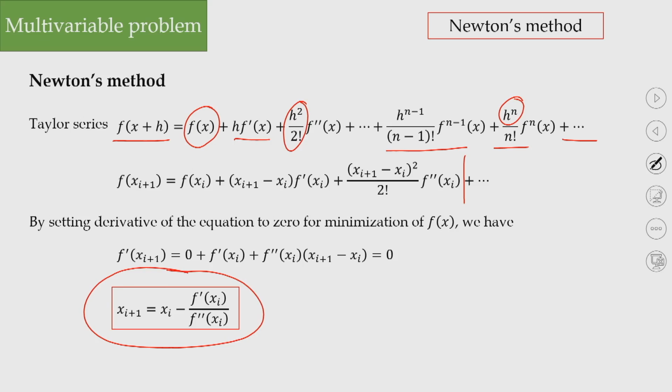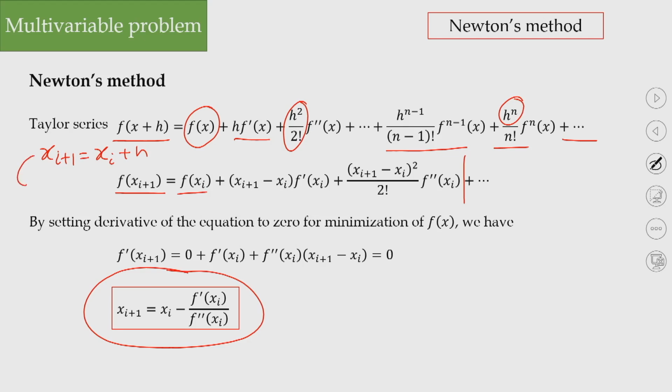So, now if I write x I plus 1 which is equal to x I plus h. Okay. In that case I can write f of x I plus 1 which is equal to f of x I, and now what is h?